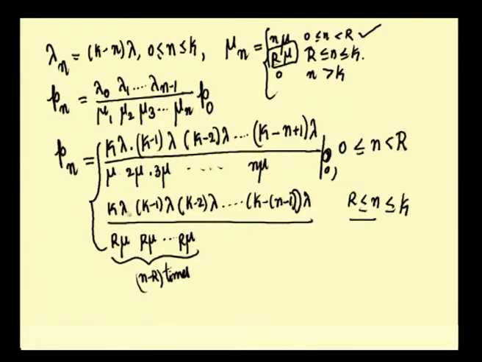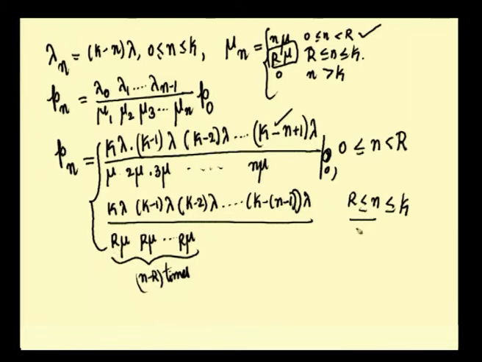So, let us get back to where we stopped. Here we wrote the numerator as k into lambda, k minus 1 into lambda, k minus 2 into lambda and so on, k minus of n minus 1 into lambda. This expression would be similar to what we wrote here, namely k minus n plus 1 into lambda, divided by mu 1 here. Instead of mu 1 here, what do we have?